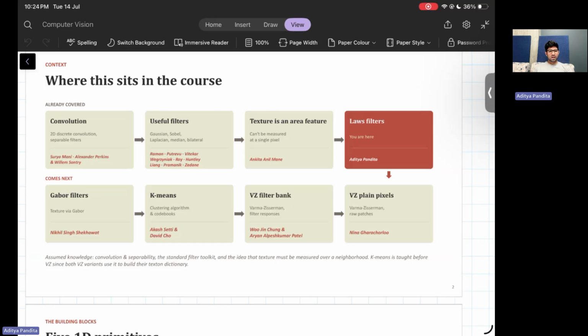We have also covered why a texture must be measured over an area and not over individual pixels. In today's talk, we will cover Laws filters, and this leads into upcoming topics of Gabor filters, K-means, and pixel versions.